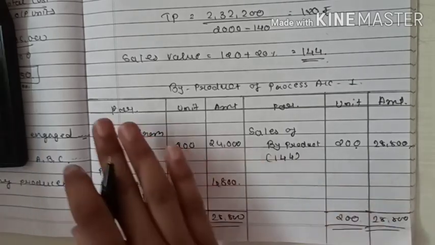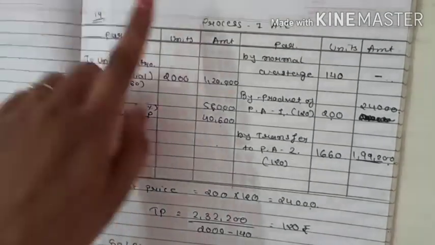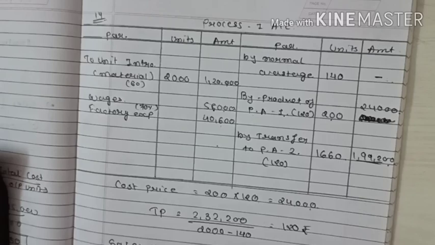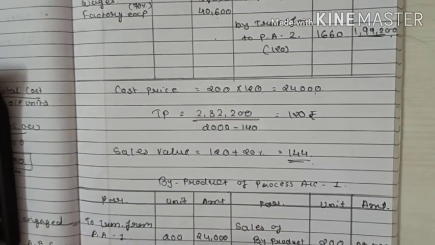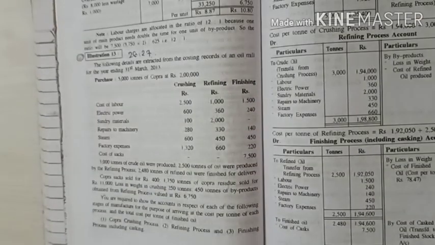Understood? The same way you have to prepare the process account 2, and similarly the byproduct of process account 2, on your own. Now let's solve illustration number 13.